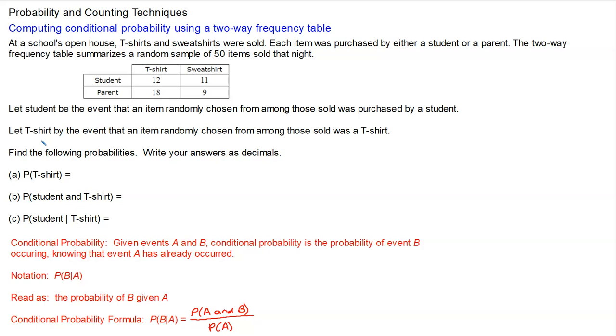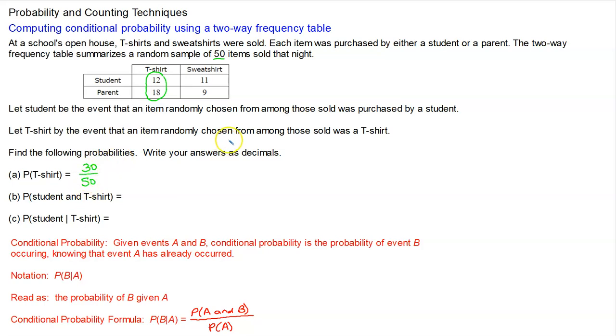So when we look at part A, the probability of a t-shirt, what we want to know is, well, how many t-shirts were sold? 12 and 18. That's 30 t-shirts out of the total, which was 50 items.